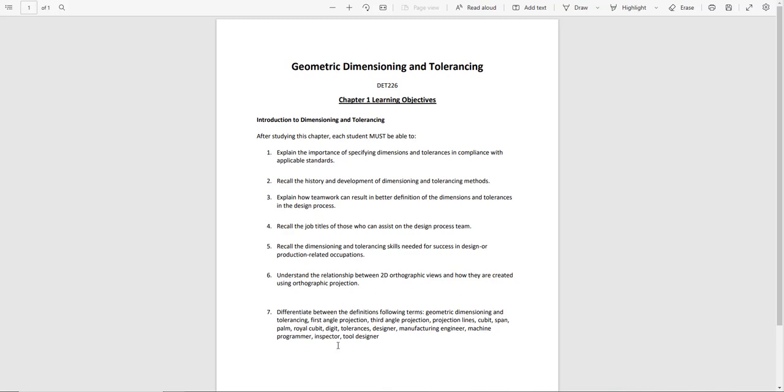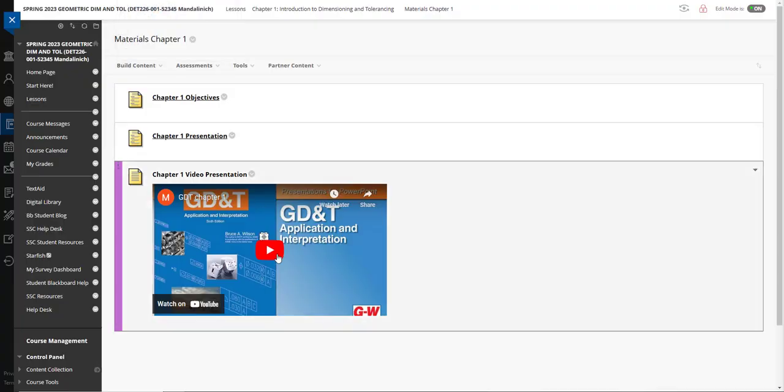These are the terms that could show up in your tests and in your quizzes, and also in the study guides. These are the terms that you need to know as you're going through. So as you're studying, pick out these important points as we talk about them in the presentations, and take some notes here on what these terms are. I provide these objective sheets for every chapter.